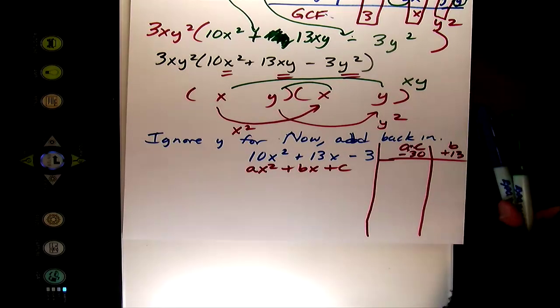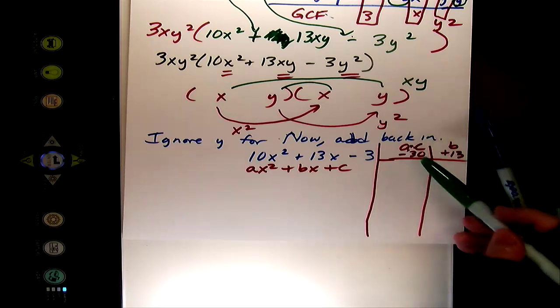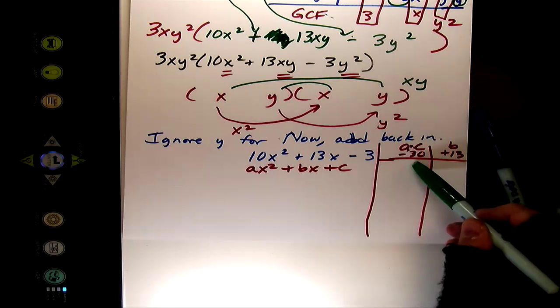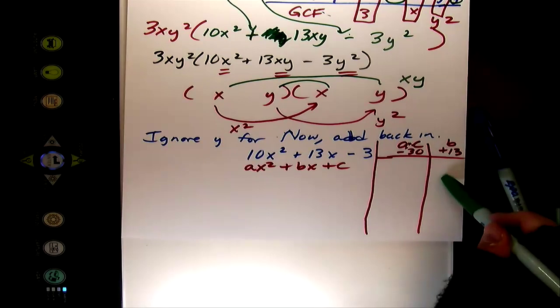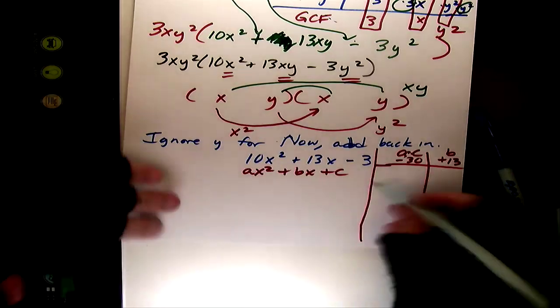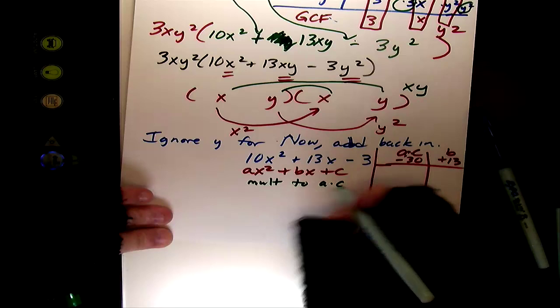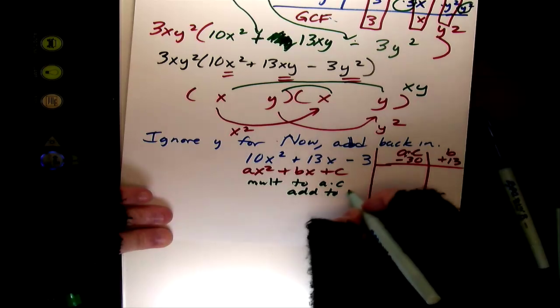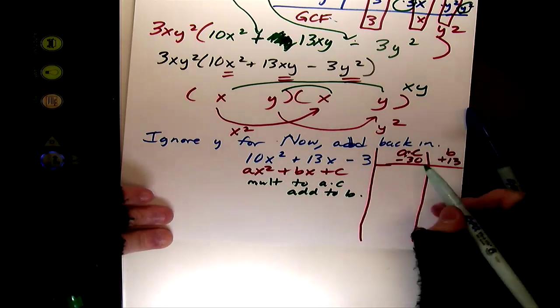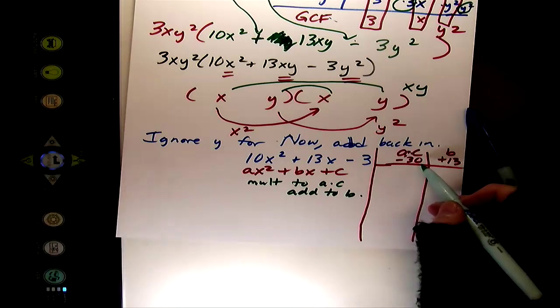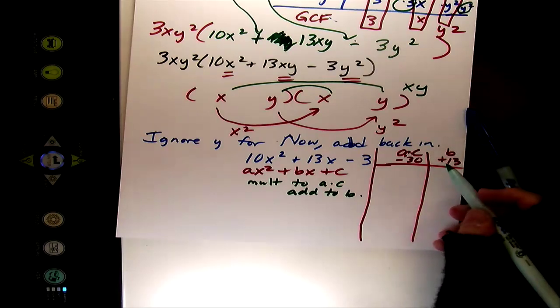So we're going to stop and do a little critical thinking. We need two numbers that multiply to a times c and add to b. If two numbers multiply and end up with a negative outcome, what does it tell us about the two numbers? One's negative, one's positive.